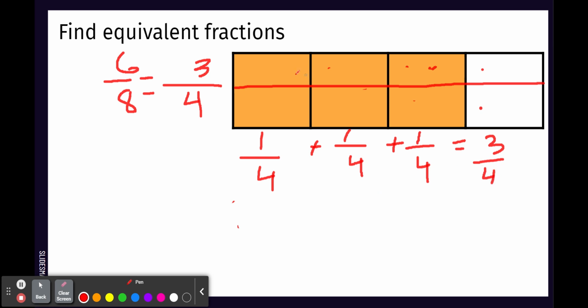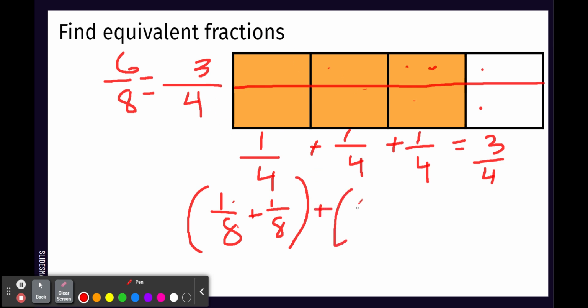Now, similarly, we can go ahead and do the same thing with eighths. I'm going to use brackets to show how they are the same as 1/4. So I have 1/8 plus 1/8 for my 1/4 over here. I'm going to add that to another eighth plus another eighth.